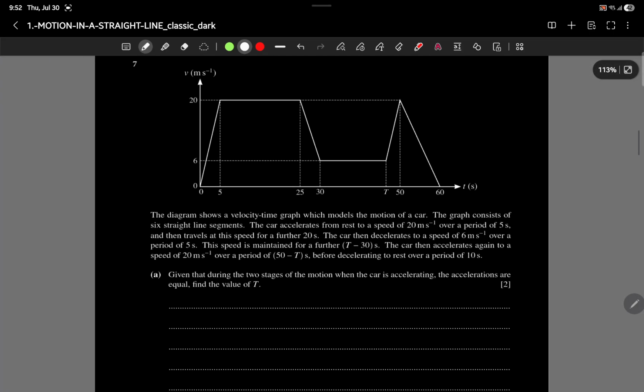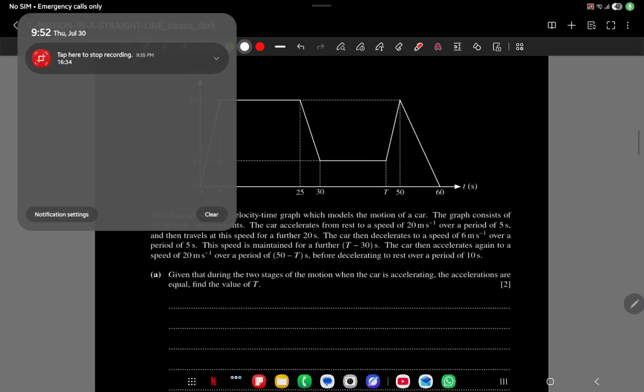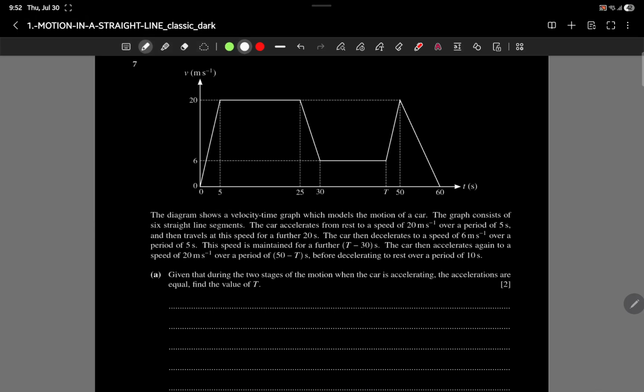Now for question number 7, it's gonna be the last question. The diagram shows a velocity time graph which models the motion of a car. The graph consists of 6 straight line segments. The car accelerates from rest to a speed of 20 meters per second over a period of 5 seconds, then travels at this speed for a further 20 seconds.